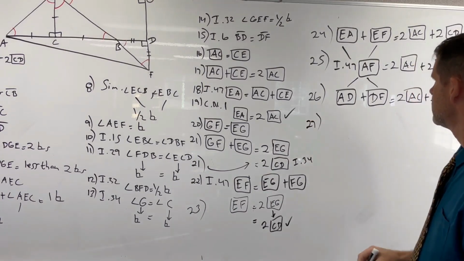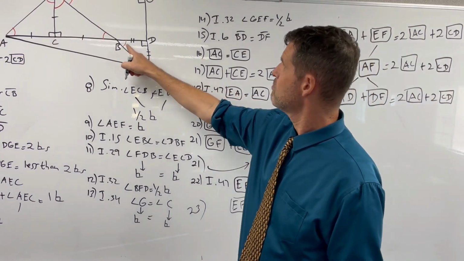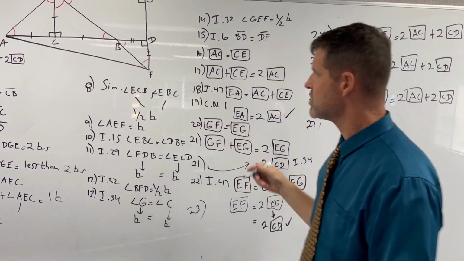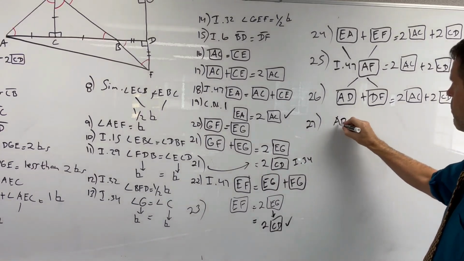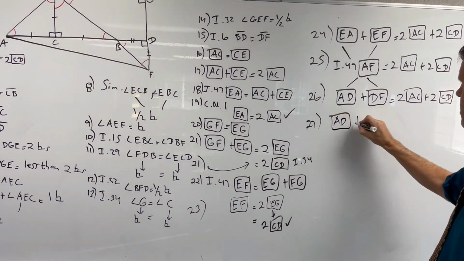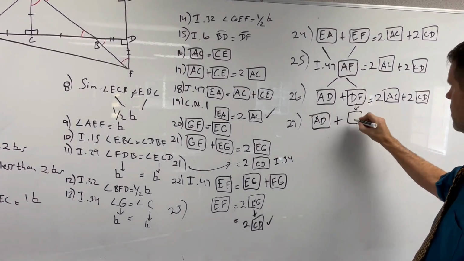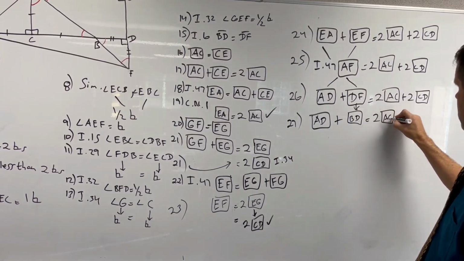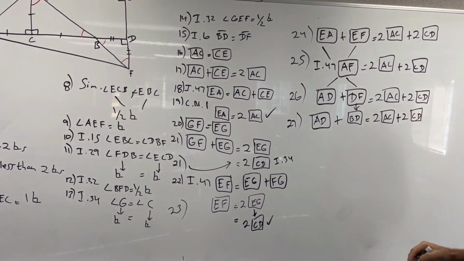Step 27. But because of the step where I showed that BD and DF are equal because they subtend the base angles, Proposition 6, we can substitute BD in for DF. We'll rewrite this line now as the square on AD plus the square on BD equals twice the square on AC plus twice the square on CD.